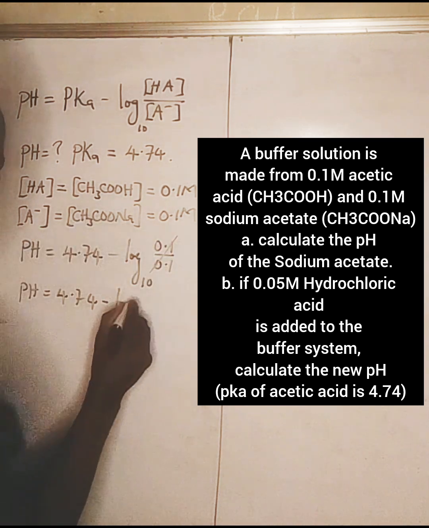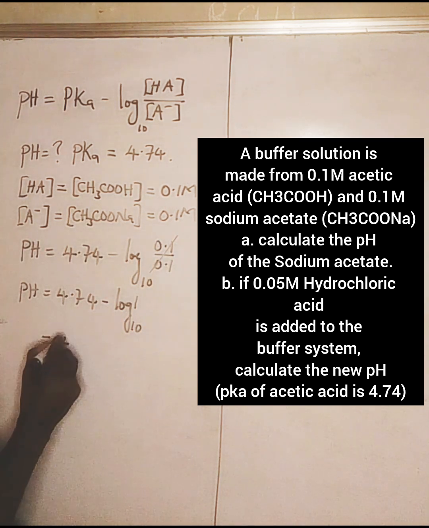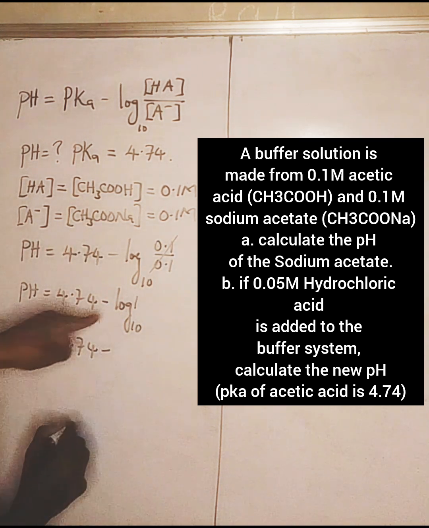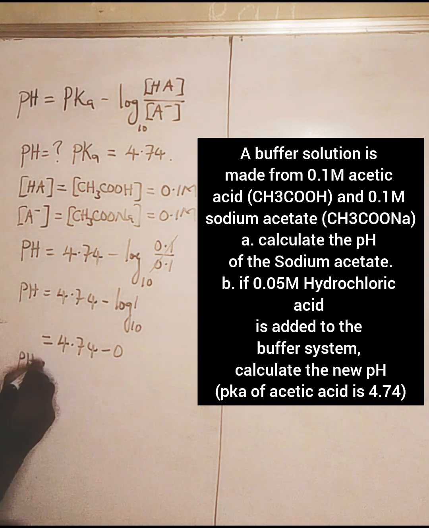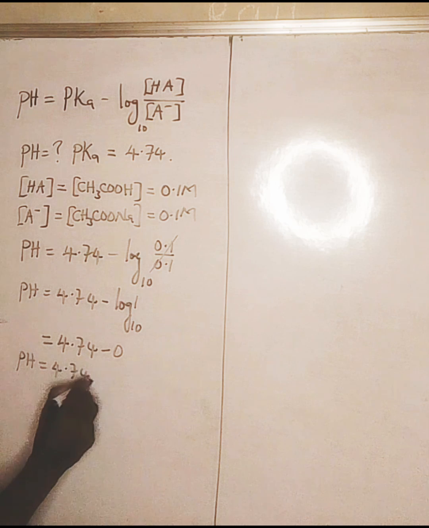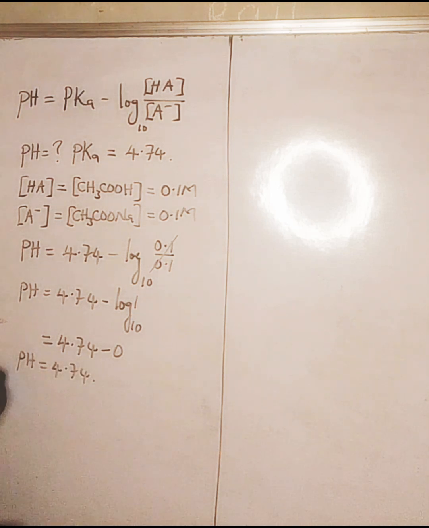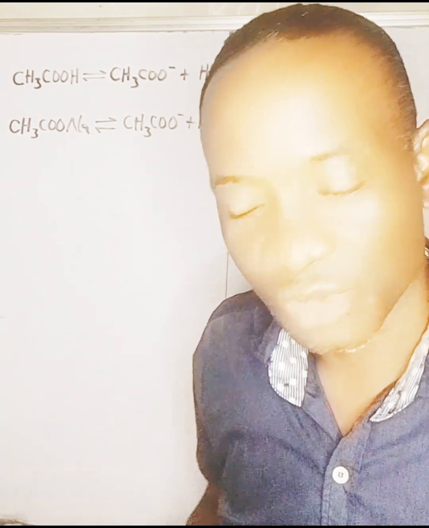If you divide the two, you get 1. So the pH will be 4.74 minus log of 1, which is 0. So our pH is equal to 4.74. This is A. The pH is 4.74. Now let us go to the B part of the question.